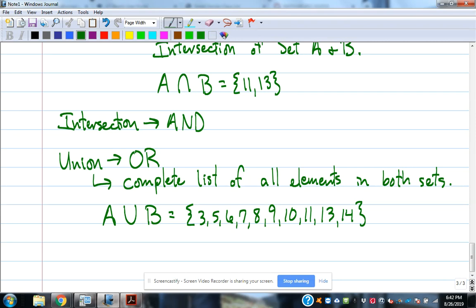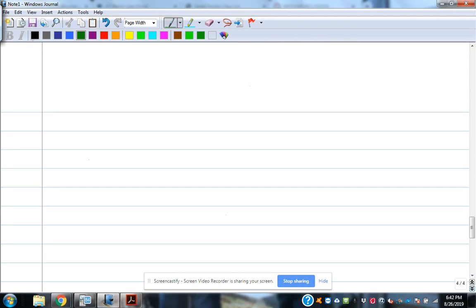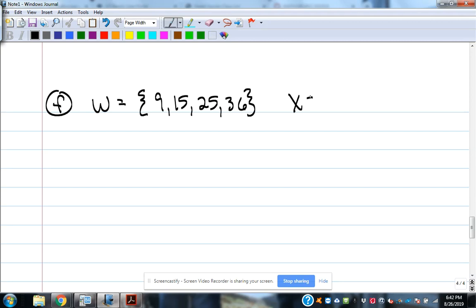let's take a couple of sets and find the intersections and unions of them. Set W, some numbers: 9, 15, 25, and 36. Set X: 15, 20, 25, 30, and 35.